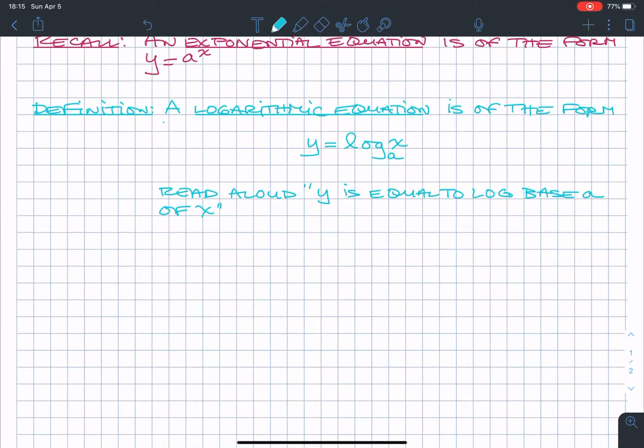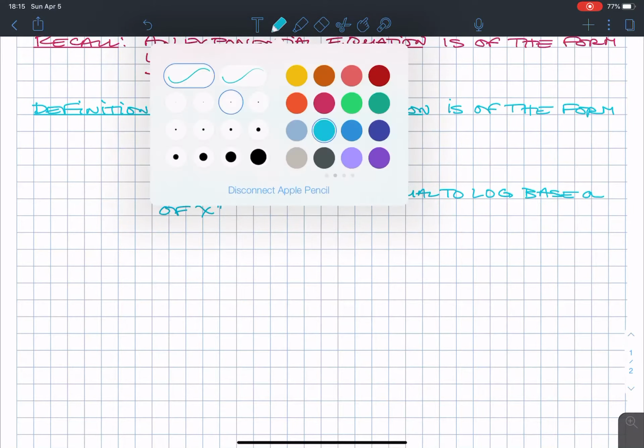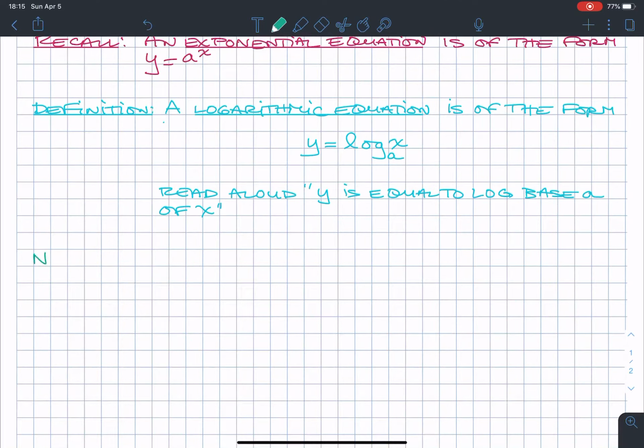Okay, so I want to note something about log base a of x.